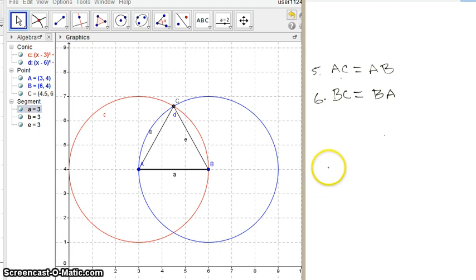Step 7. We already proved that AB equals AC. And we just proved that AB, or that's BA, that's the same thing, is equal to BC. So that means that AB is equal to two different things here. AB equals AC, and AB equals BC.